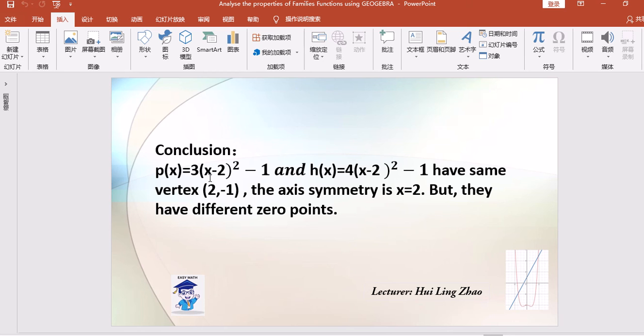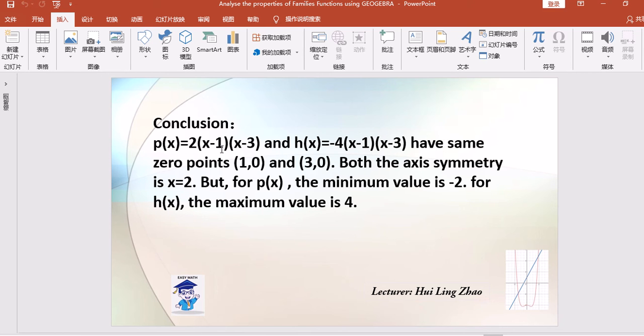Let p(x) equal 3 times (x minus 2) squared minus 1, and h(x) equal 4 times (x minus 2) squared minus 1. They have the same vertex, 2 and -1, and the axis of symmetry is x equal 2, but they have different zero points.